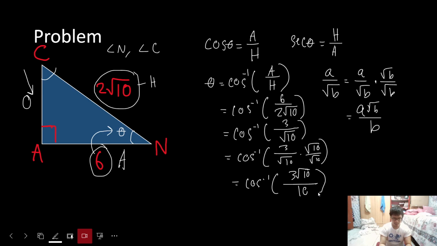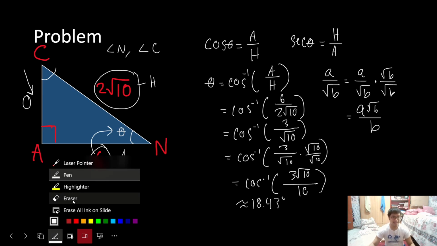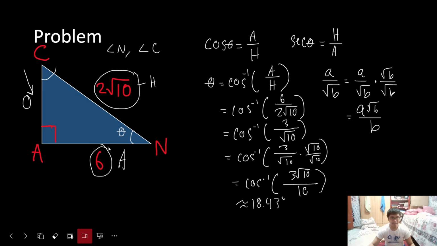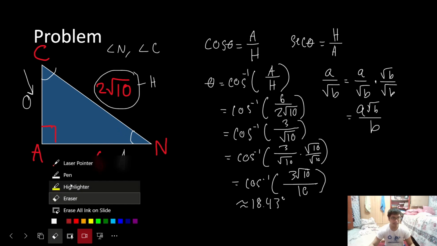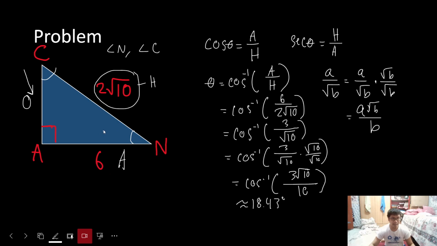So our arc cosine of 3 square root of 10 divided by 10 is approximately 18.43 degrees. Okay? So angle N is 18.43 degrees.